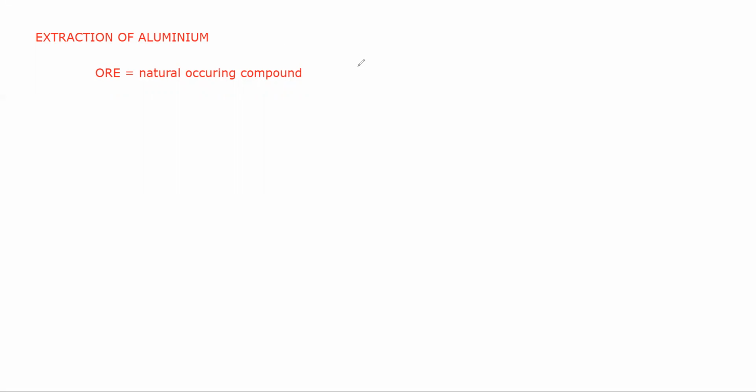In nature, aluminium exists as aluminium oxide, which is Al2O3, and it is commonly known as bauxite.